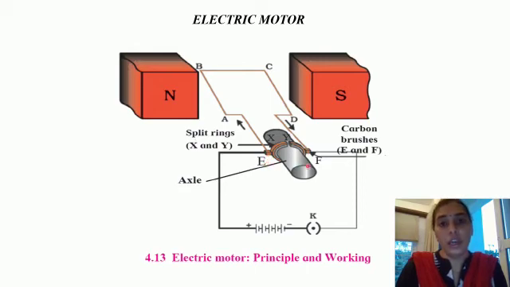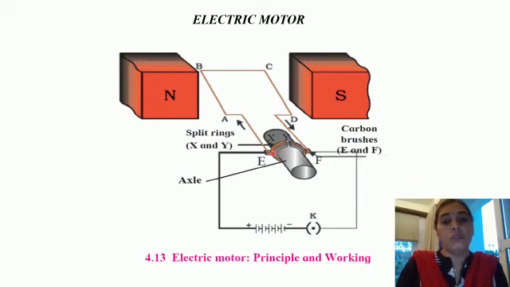So E and F are the two carbon brushes which are in contact with the split rings X and Y respectively.